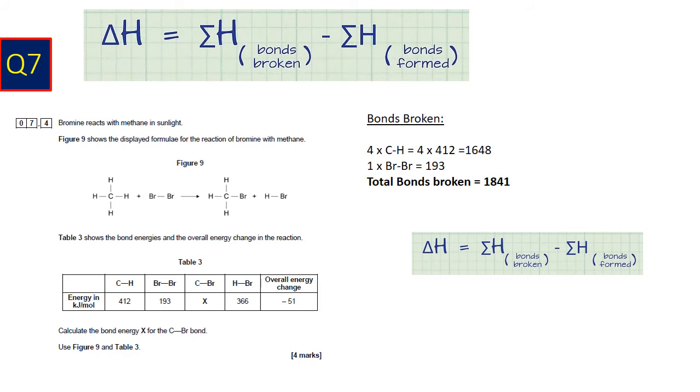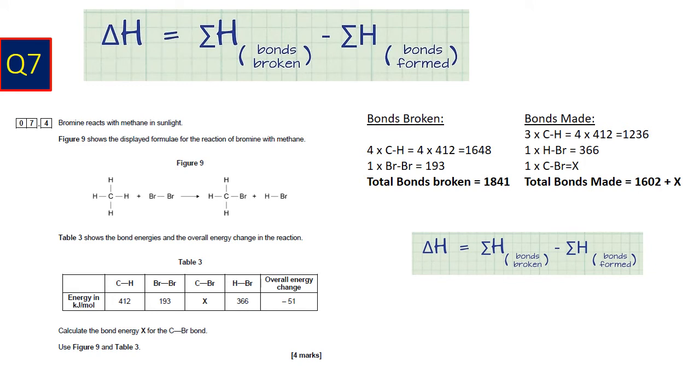Then, what we presume is that every single bond is made. So we have 3 carbon-hydrogen bonds, 1 hydrogen-bromine bond, and then we have our mystery bond, the 1 carbon-bromine bond. So the total energy required to make the bonds is 1602 plus our mystery number x, which is what we're trying to work out.